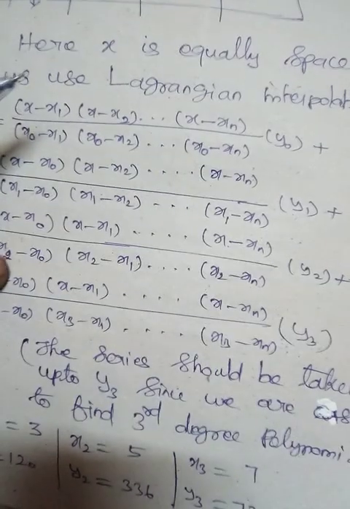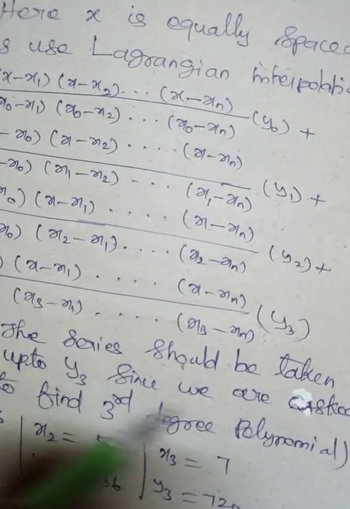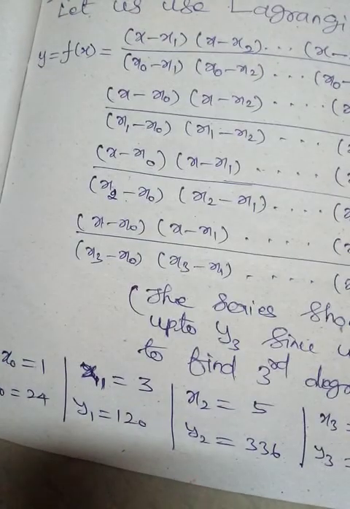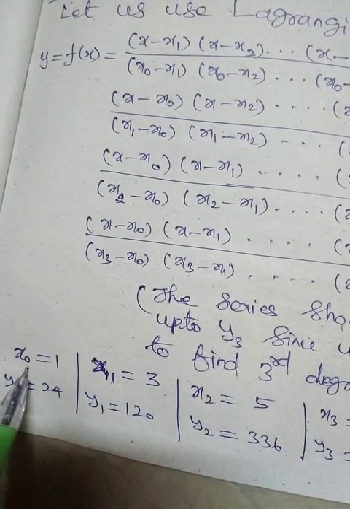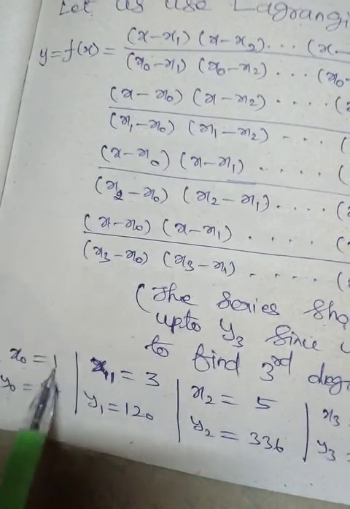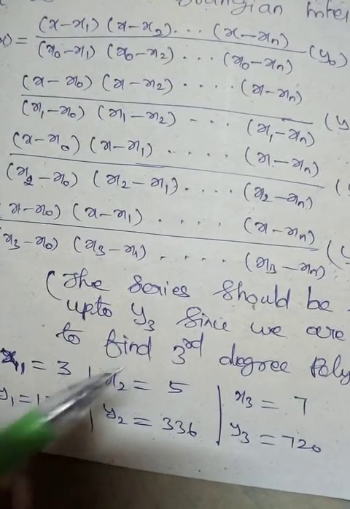The series should be taken up to y3 since we are asked to find a third degree polynomial. Then next we write the first value of x, that is x0, similarly the first value of y, y0. So x: 1, 3, 5, 7, y: 24, 120, 336, 720. All the values are given. So just substitute in the formula, we can get the answer for this problem.